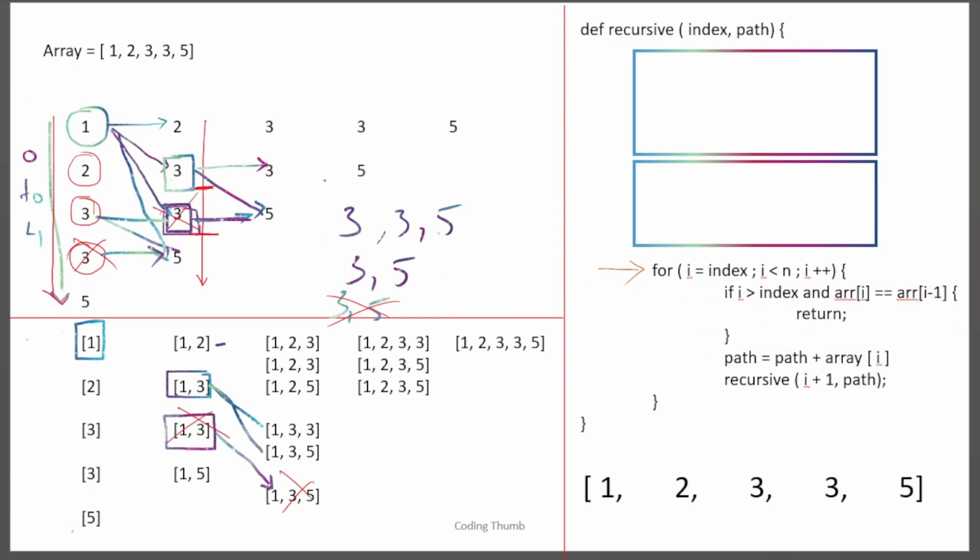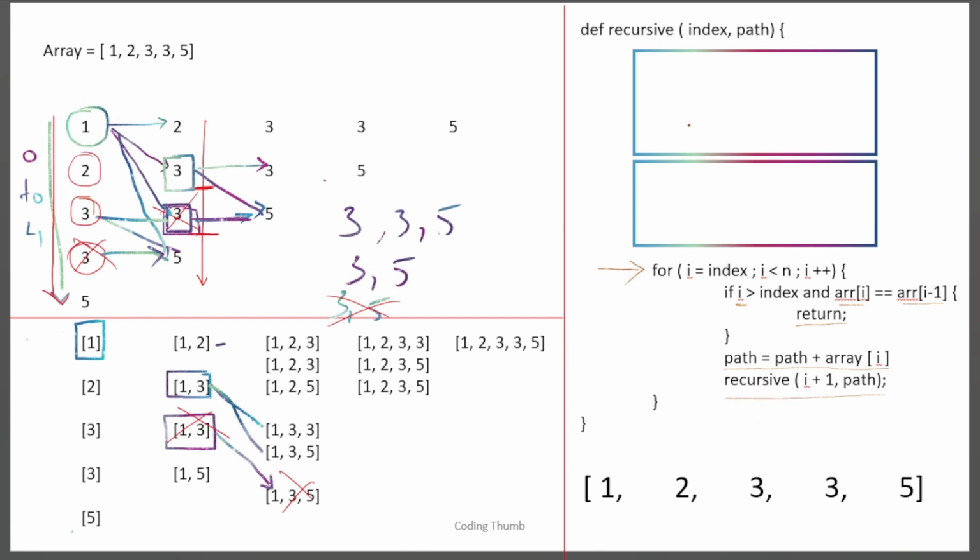We can say if the index, the current I that we are currently at, is greater than the start index, so that we are not taking just the first element, but we are going more than the first element, and the array of I, the current value, is equal to the previous value, then we just return back. We don't explore that particular path. If not, then we continue our exploration, we create the path, and we recursively call the code.